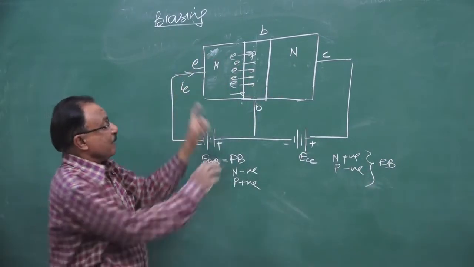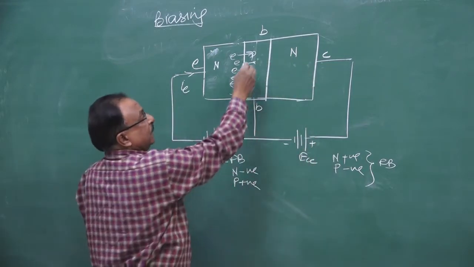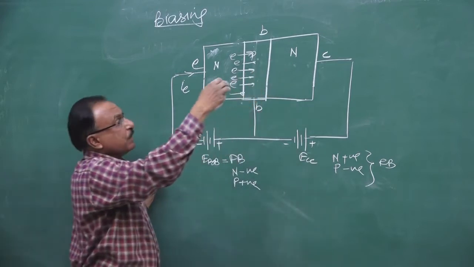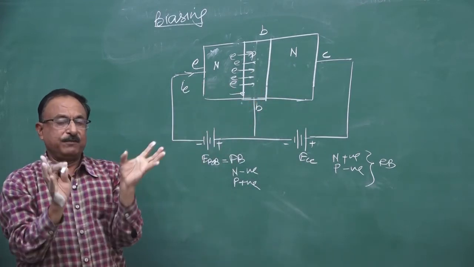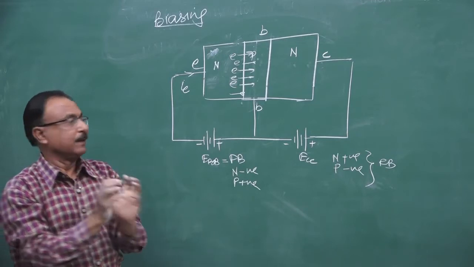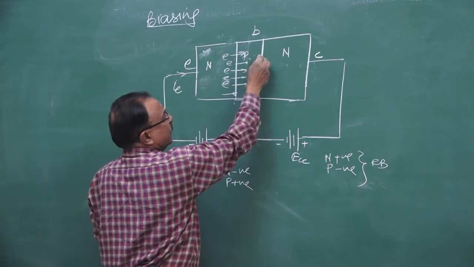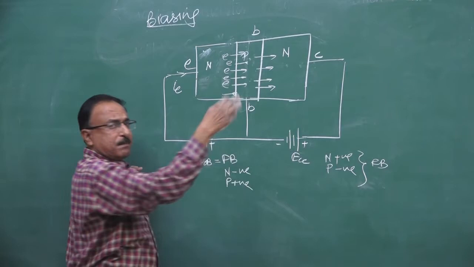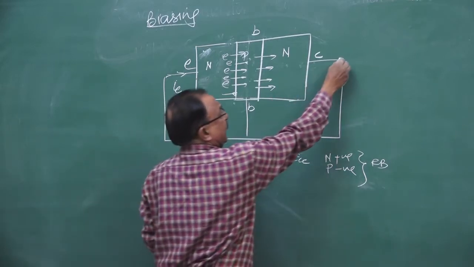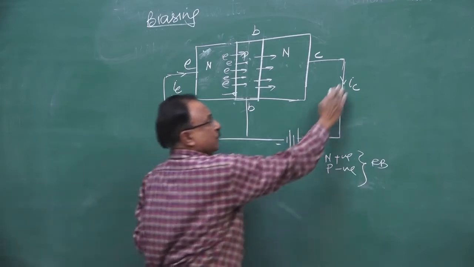So what happens when you make this reverse bias? These electrons will reach the base region. Some of them will get neutralized, very few, because the base region is very thin. Say out of 100, a few electrons are neutralized, and the remaining electrons, say 95% of them, reach the collector region and they constitute the collector current.